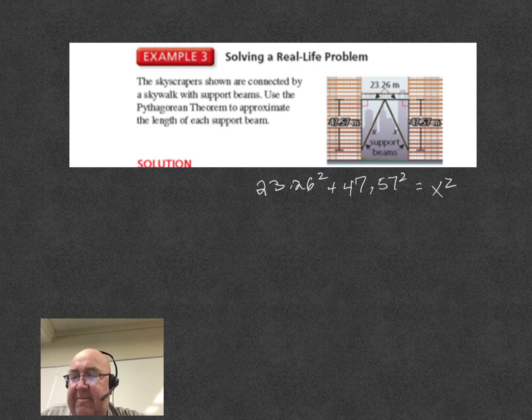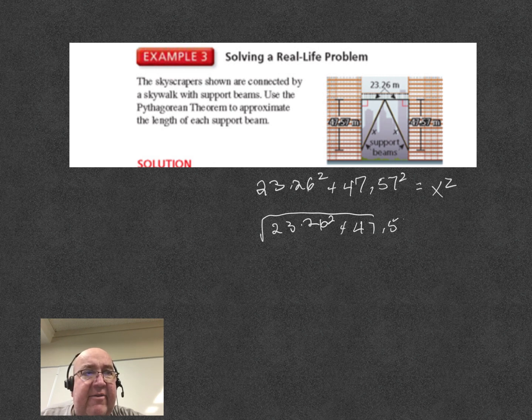I'm just going to take the square root of 23.26 squared plus 47.57 squared and put it into my calculator to get x. And I get x is about, because we're rounding off, 52.95.